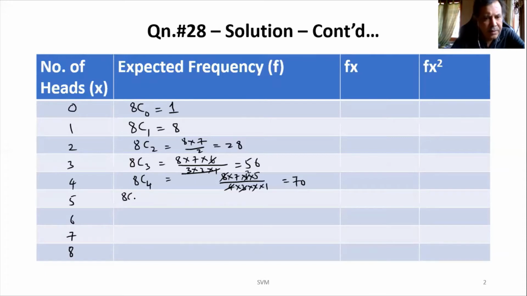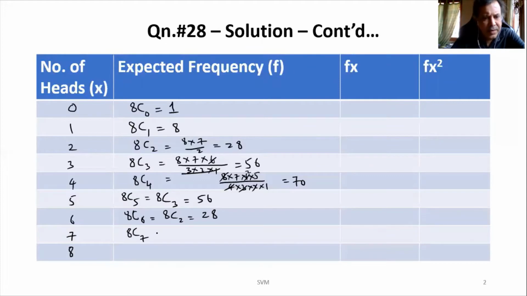Then 8C5. nCr is nC(n minus r), so I can write it as 8C3, which we already calculated as 56. 8C6 is again nC(n minus r), so I can write this as 8C2, which we already calculated as 28.